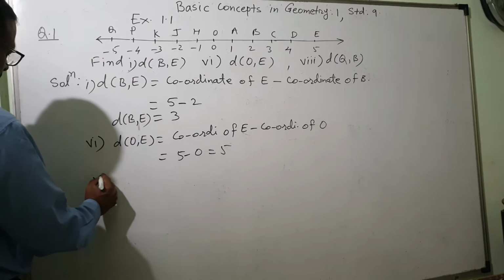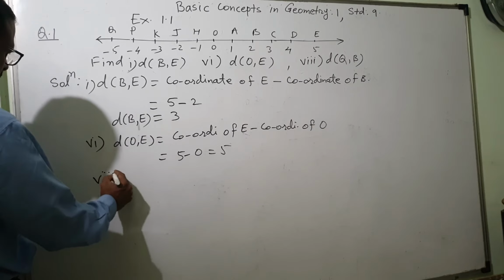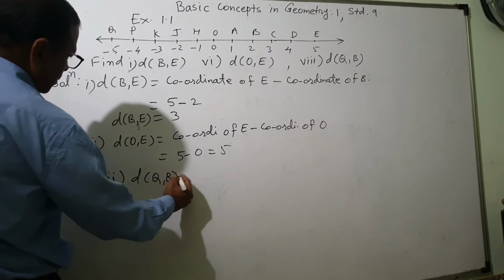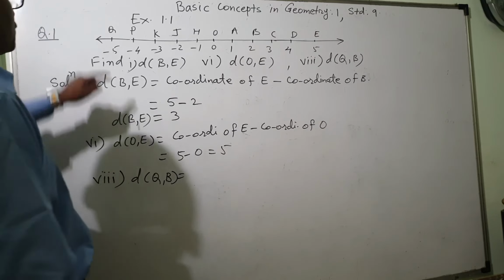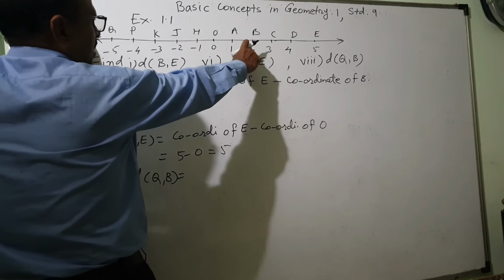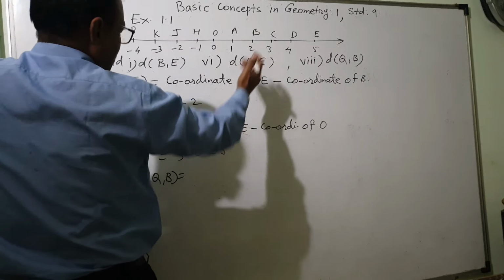The eighth one, distance QB. Now which is bigger? Q is here and B is here. So which is bigger? The right number is bigger.